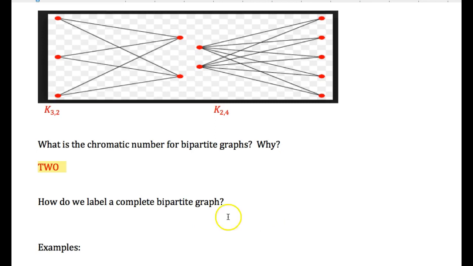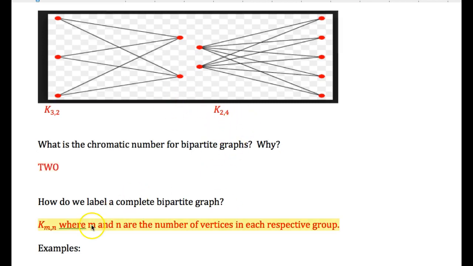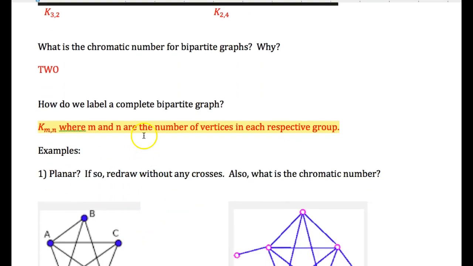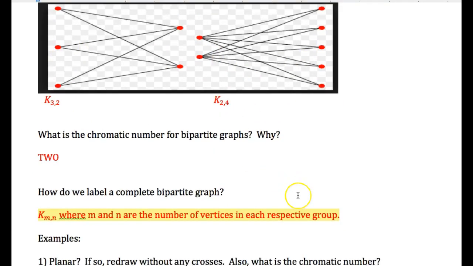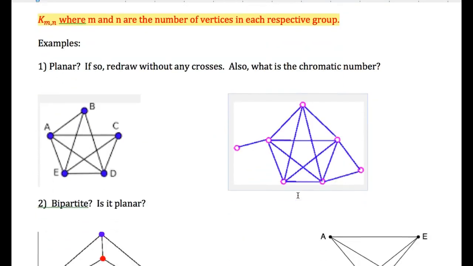And then how do we label these? I already labeled them down here, but it would be K sub M,N, where M and N are the number of vertices in each respective group. So I did that here, 3,2, 2,4. I don't know if the order matters or not, but we'll do it that way.